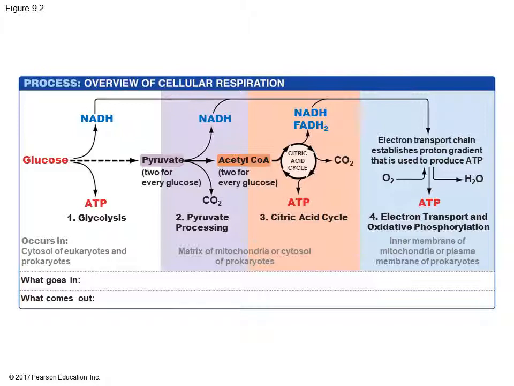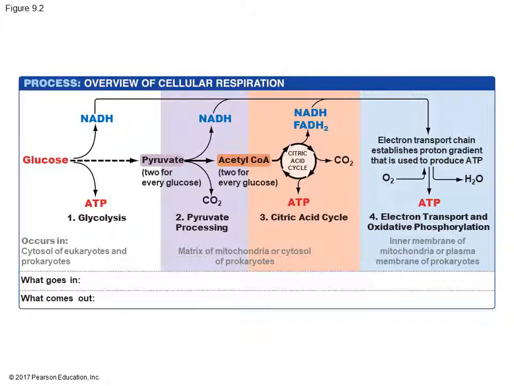And then the last step is the electron transport chain, and this happens in the inner membrane of the mitochondria or the plasma membrane of prokaryotes. So what goes in? NADH from step 1, NADH from step 2, NADH and FADH2 from step 3.